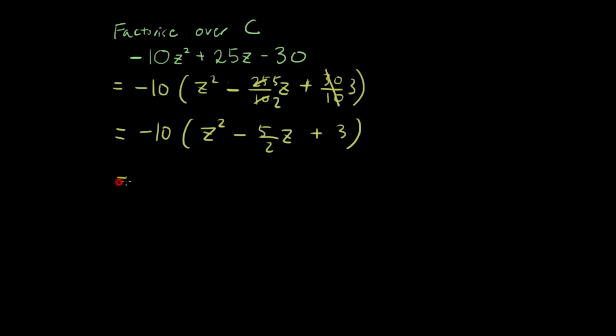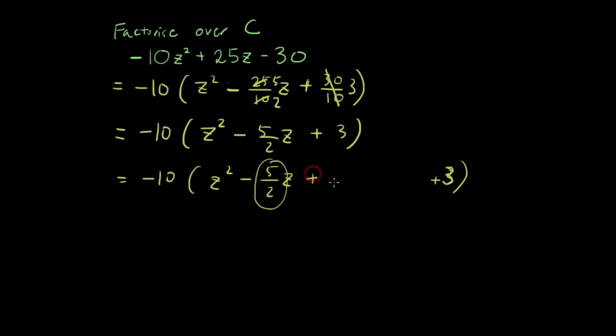Okay, so what I need to do now is copy this down again, but I'm going to leave a bit of space in between the 5 over 2z and the plus 3. And I'm going to do something with that space, which you will see very soon. I'm going to half the number in front of z and square it.